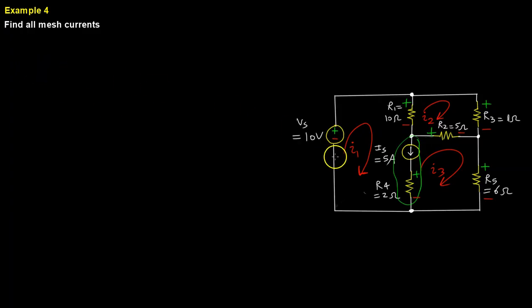So let's start here and go clockwise. I'm going to go up and see a negative, so let's say KVL. I'm going to go up and see a negative VS. I'm going to go here and see a plus R1 multiplied by I1 going this way, I2 going that way, so the current is the difference between the two, I1 minus I2.